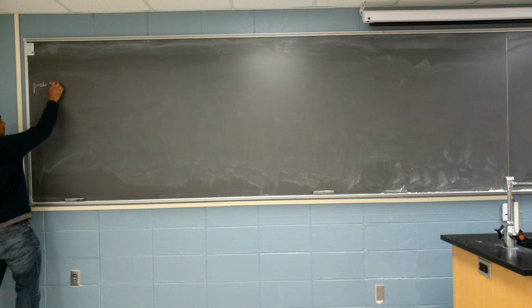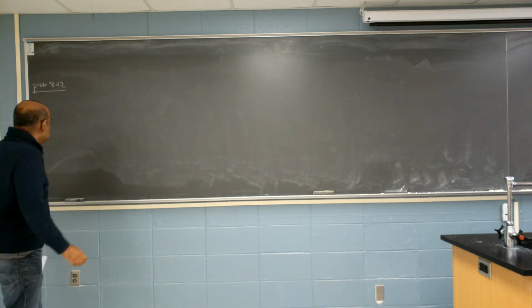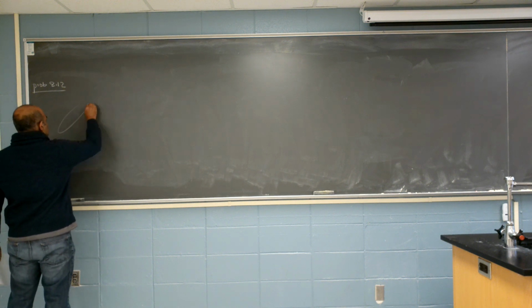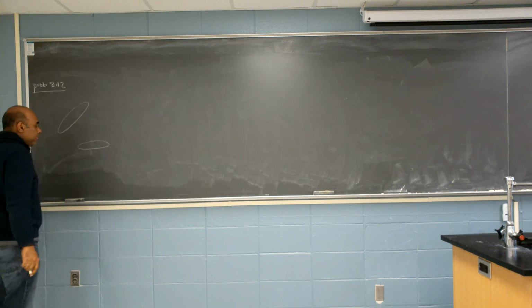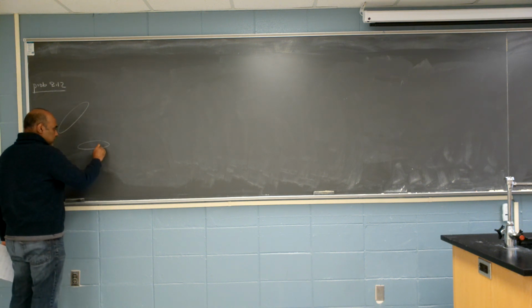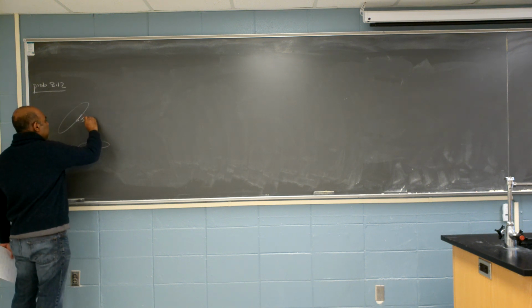Problem 8.12. Okay. So we have two loops. These loops are not moving. This one has a current I_A, and this one could be in any direction, I_B.